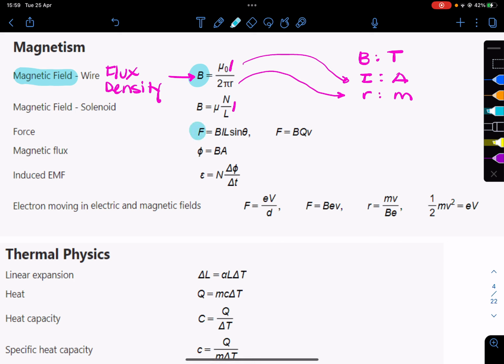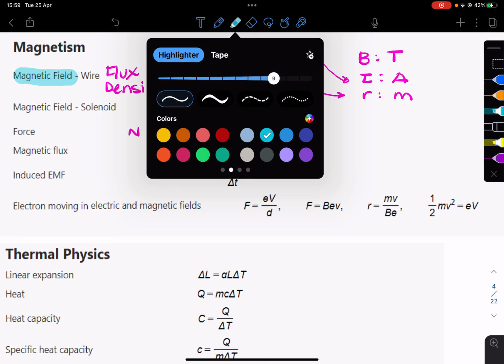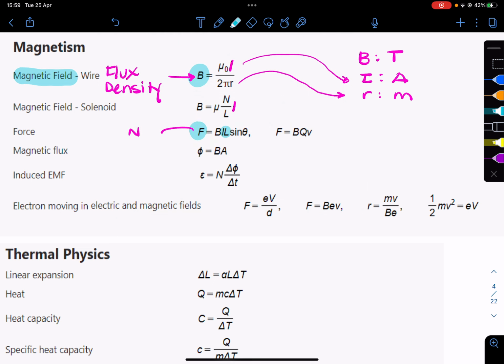Okay, F is the magnetic force, so that's going to be in newtons. L is going to be in meters because it's the length. Q is a charge, so that's going to be in coulombs.